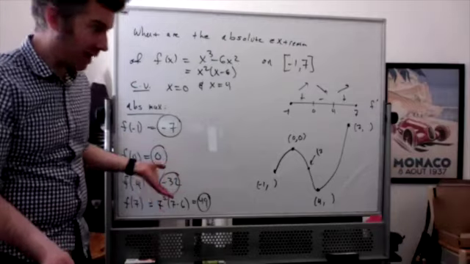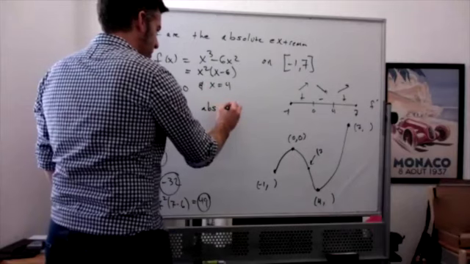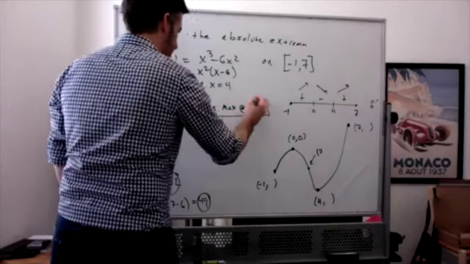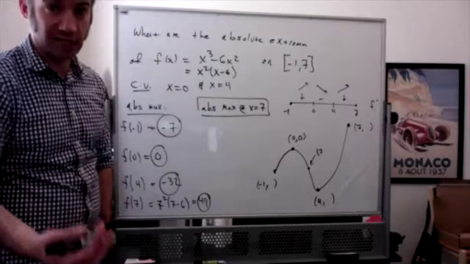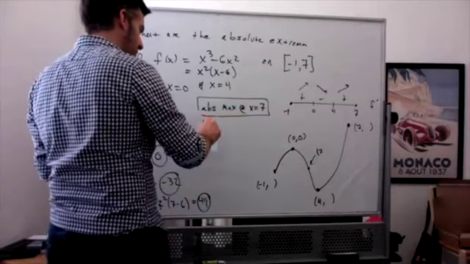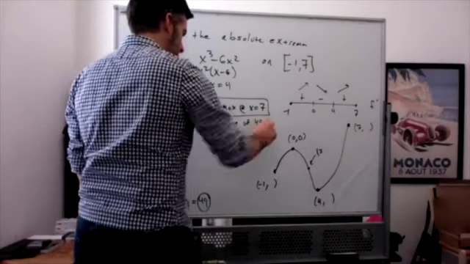Clearly it's 49. So we have an absolute maximum at x equal to 7. The absolute maximum value is the function equal to 49. So the absolute maximum is at x equal to 7 with a value of 49.